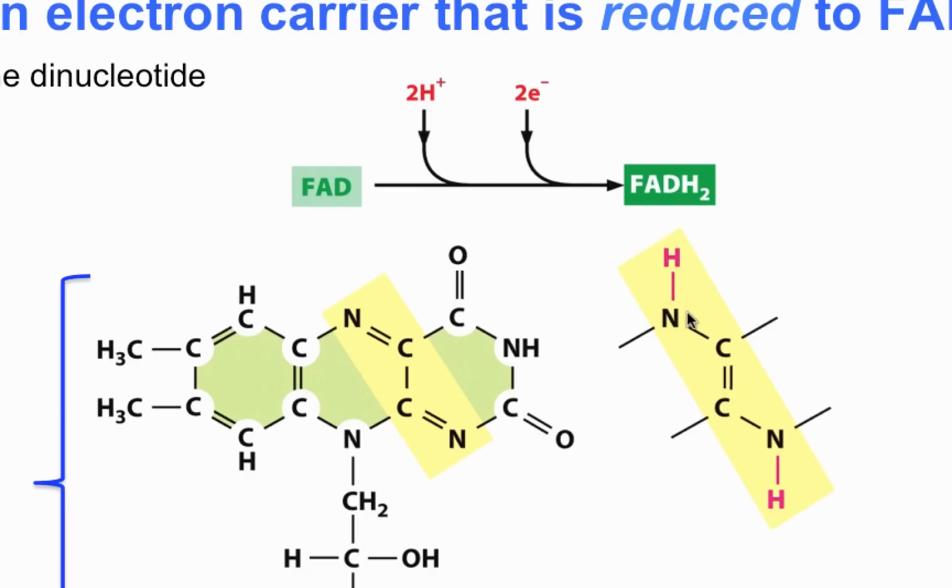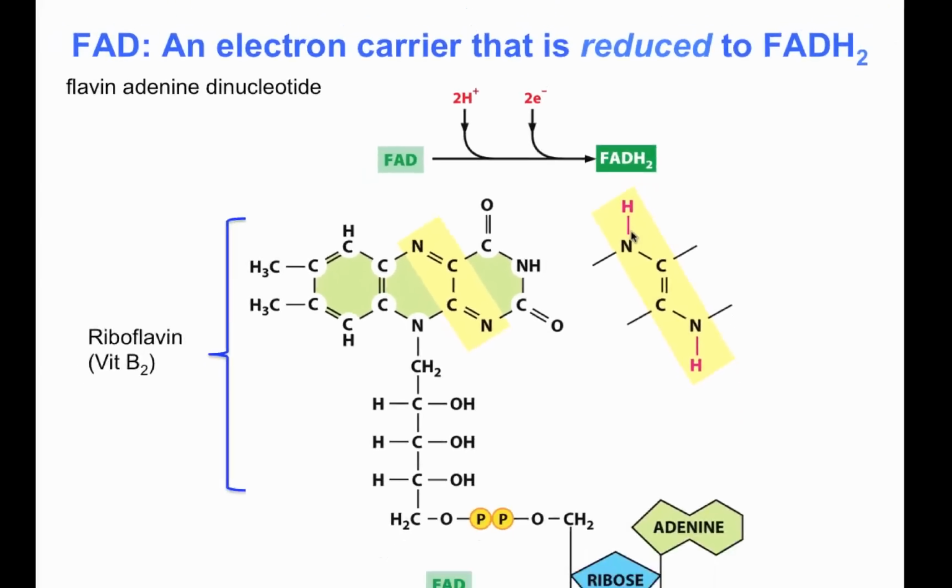So this happens sequentially. Only 1 electron will be accepted at a time to have an intermediate molecule that has an FADH. And later the other electron and hydrogen will be accepted, generating the final product of FADH2.